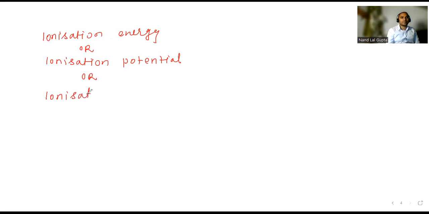Well, I recognize the word ion, which is negatively or positively charged. Element, yeah, very good. So maybe it's the possibility for an element to become an ion.